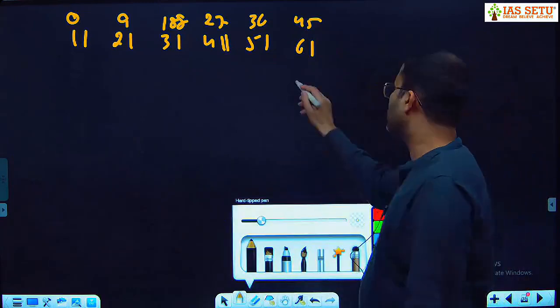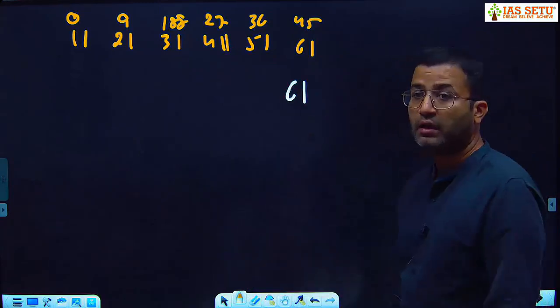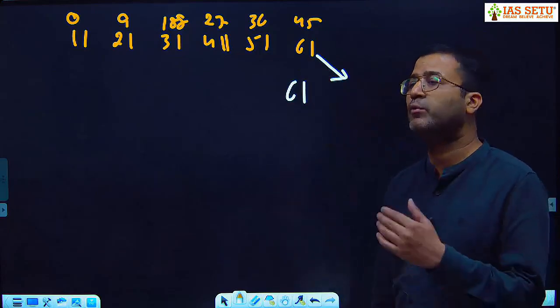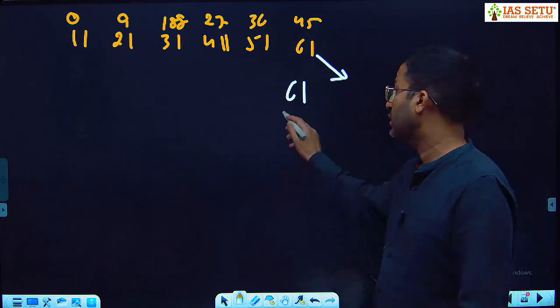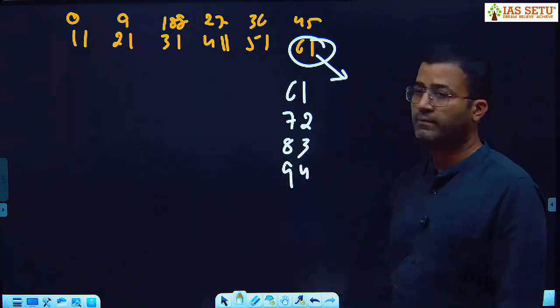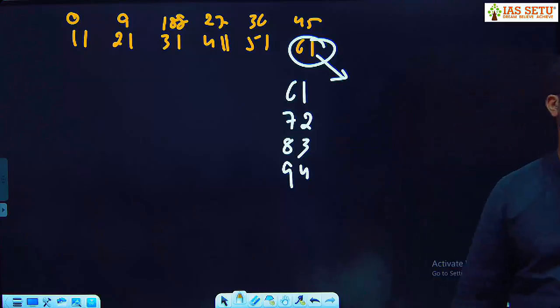So here we will say 61. Then you have to check diagonally. The shortcut for diagonally is to keep on adding 11: 72, 83, 94.